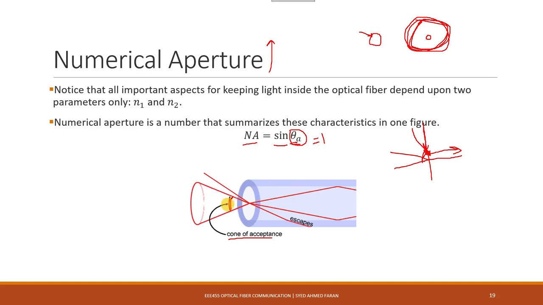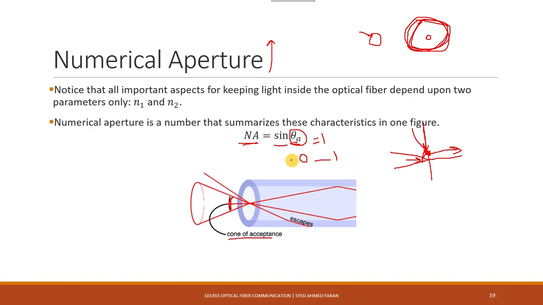For example, the acceptance angle might be very small, let's say 5 degrees. The sine of 5 will be a small number, not exactly 0, but very close to 0, because it's a very small angle. So the values of numerical aperture vary from 0 to 1.